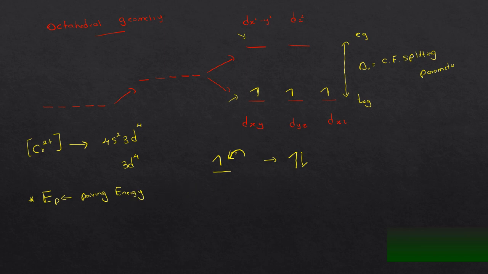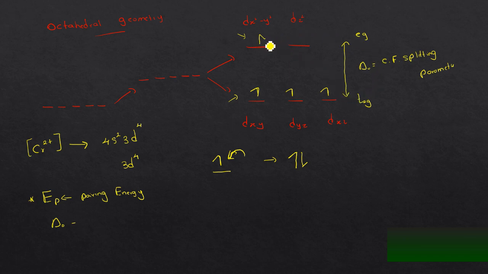right? So now we have two energy parameters: EP or pairing energy, and delta O, which is the crystal field splitting parameter. So now you must get the point, right? Now if I have to put my fourth electron into this place, then I have to overcome delta O, because I need to put it on this level, so it needs to overcome this energy barrier.